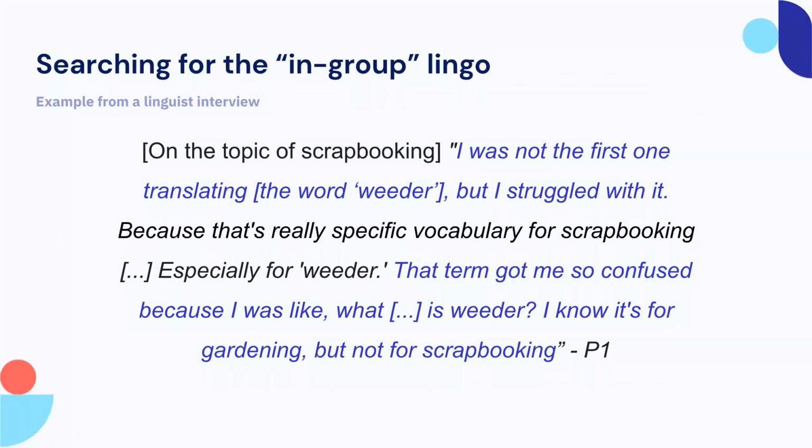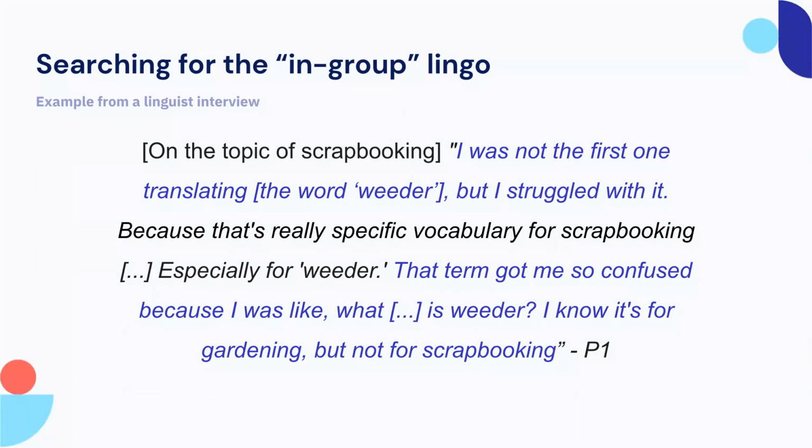So here's a quote from one of our linguists when we interviewed them, and they were basically talking about the word weeder, right? They were translating a document in the topic of scrapbooking. They were saying, I was not the first one to translate this word, but I was struggling with it because it's really specific vocabulary. So they really need to build up context around how to translate this word weeder.